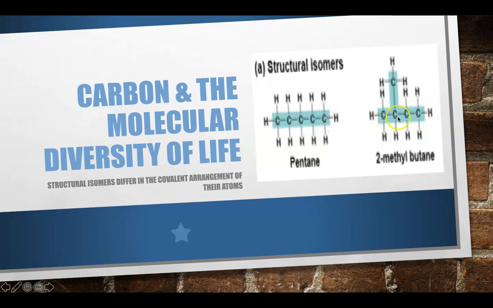And coming from one of those carbons is a methyl group. See this functional group right here? This methyl group. Because of that, this is a different molecule, which will have a different set of properties. But because the formula is still C5H12, these are considered structural isomers, where the only difference is the arrangement of the atoms around the carbon-carbon bonds.